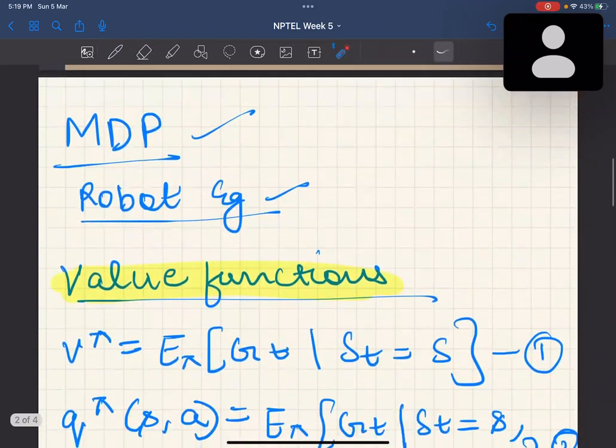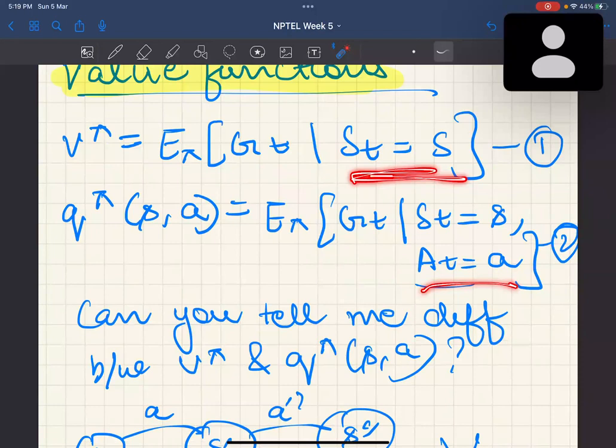What is not given to us? That is this action here. If we compare V pi and Q pi, what is not given to us? This action.